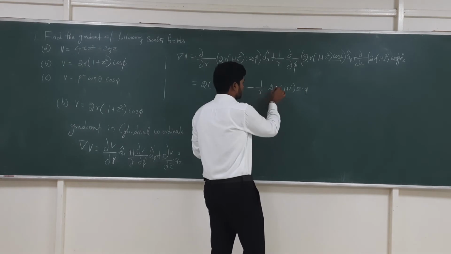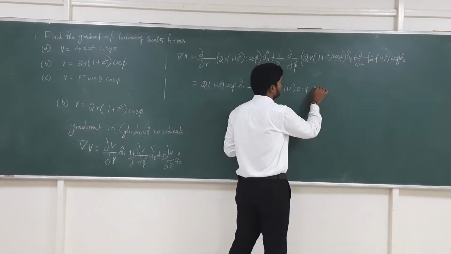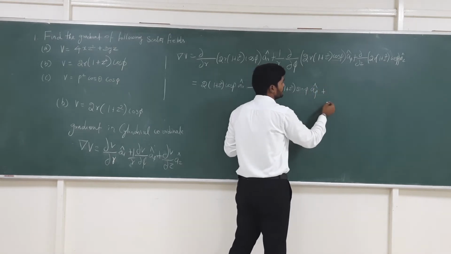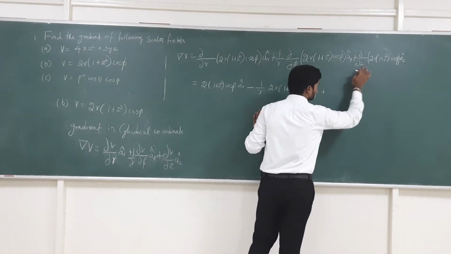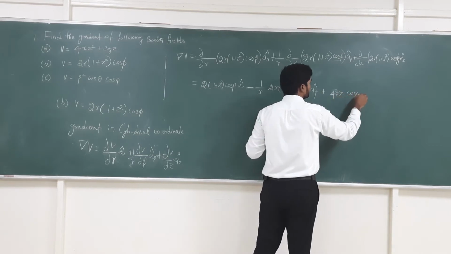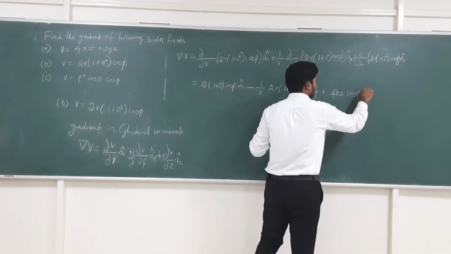Now r cancels, giving aφ cap. Plus, differentiate with respect to z: 4rz cos φ az cap.